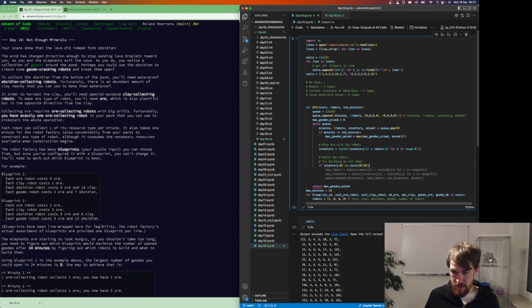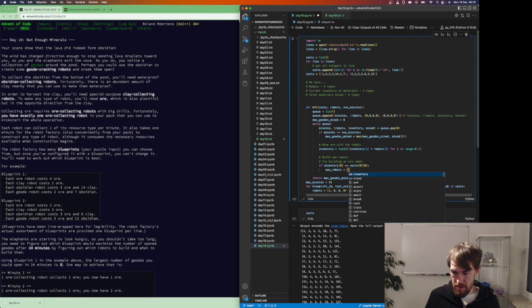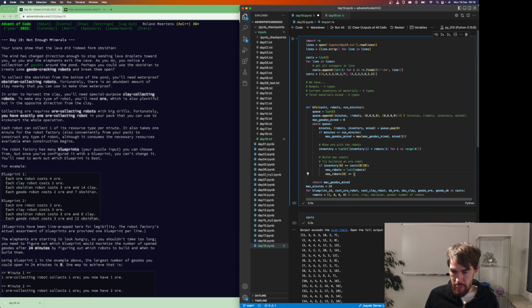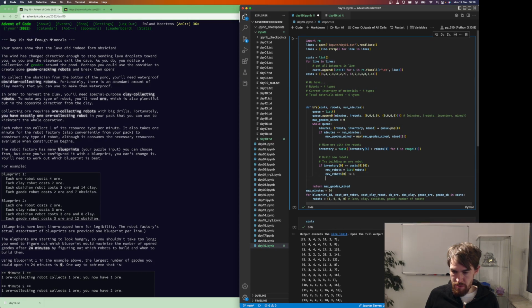So if I have enough ore for an ore robot, then my new robot is, let's see, let's make it a list of robots. New robots 0 plus is 1.